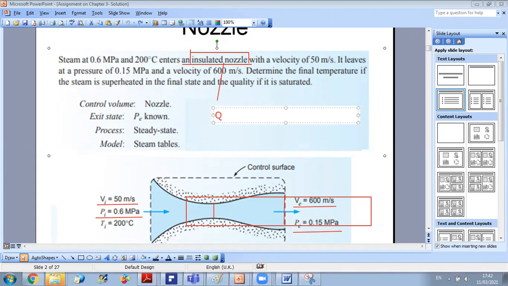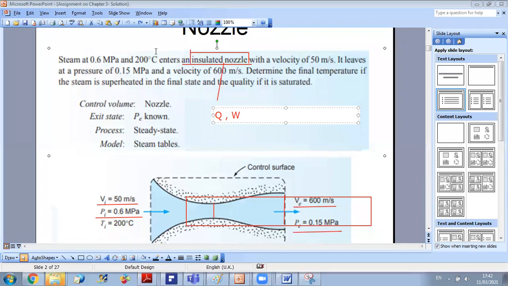And is my nozzle producing work, or do I provide work to my nozzle? No. So no heat, no work. So these two terms will cancel out in my expression. Okay? I just have change in velocity, which should be taken into consideration in the equation.